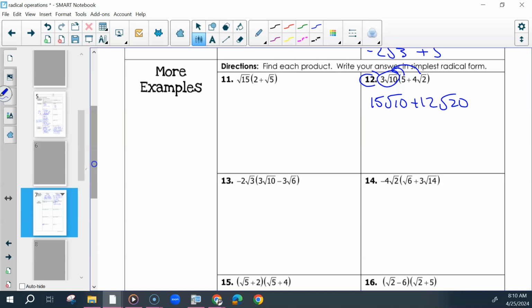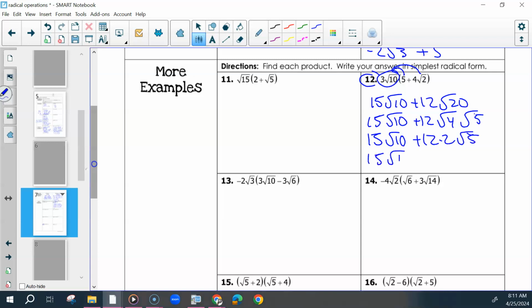And then can we simplify either of these? Yeah. Which one? 20. So let's find the highest perfect square that goes into 20. 4 and 5. We have 15 root 10 plus 12 times 2 root 5.